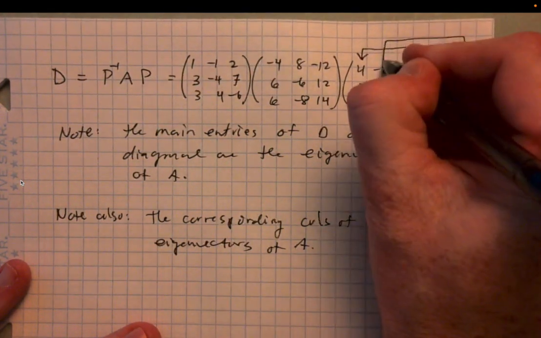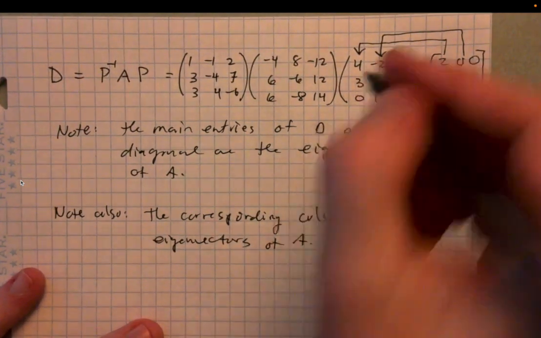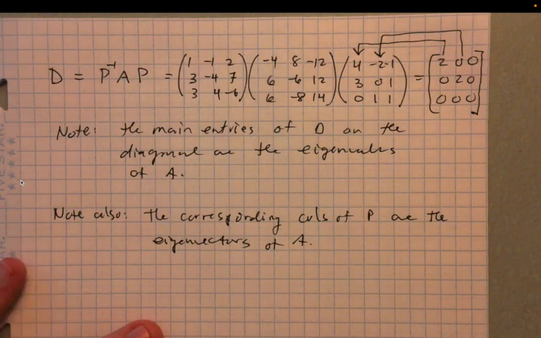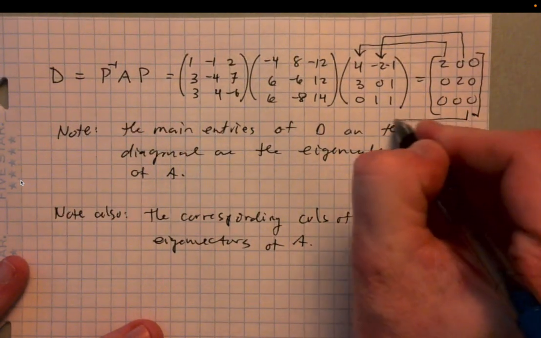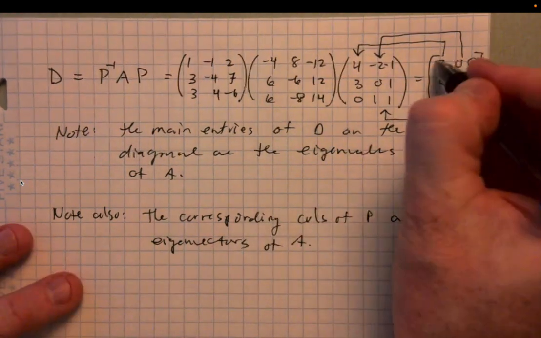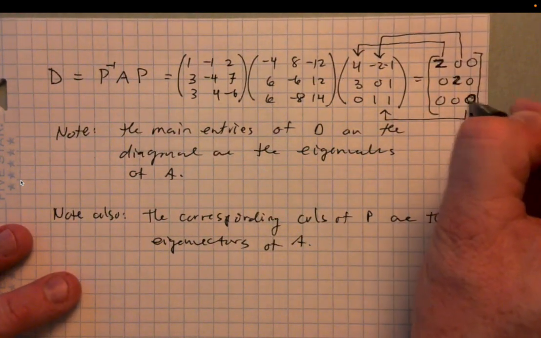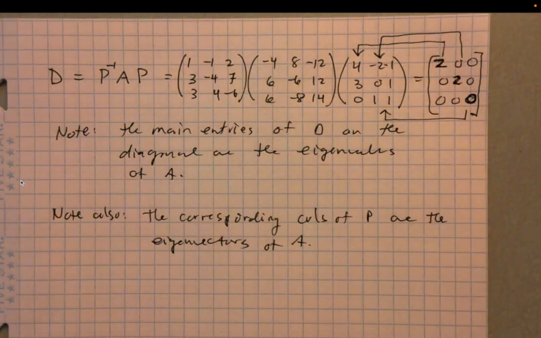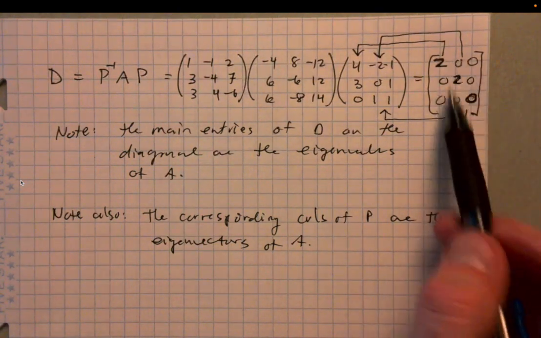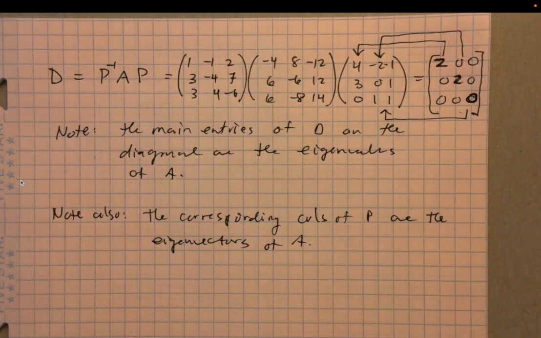This one here also goes with the eigenvalue of 2. I think this is supposed to be -1. And this third eigenvector in P corresponds to the eigenvalue of 0, right? So you've got your eigenvalues on the diagonal. And the eigenvectors, however you've organized them inside of P, it will spit out a diagonal matrix where the corresponding eigenvalues are in the same alignment.